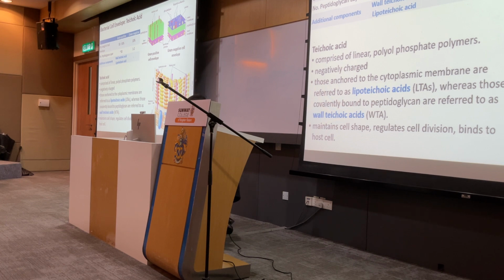However, you also have the very short one, we call that wall teichoic acid, and it is directly conjugated with the peptidoglycan. Yeah, this one, wall teichoic acid. So there are two types. One is directly linked and bound to the membrane.